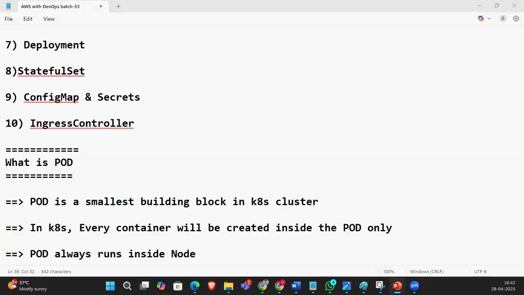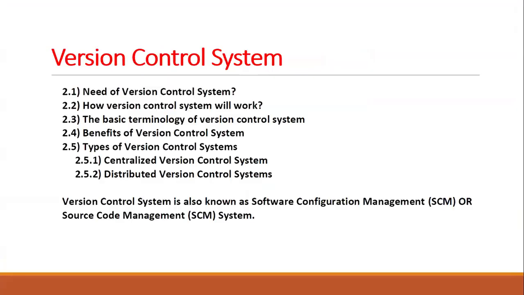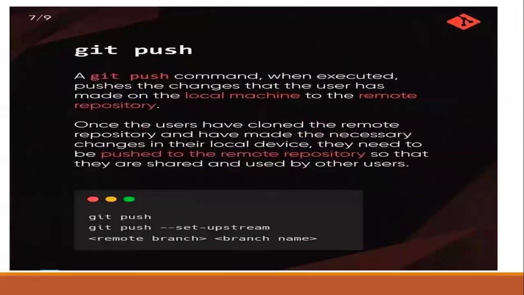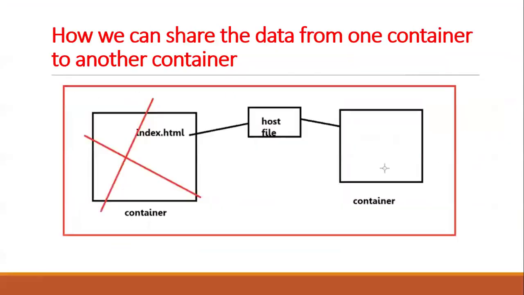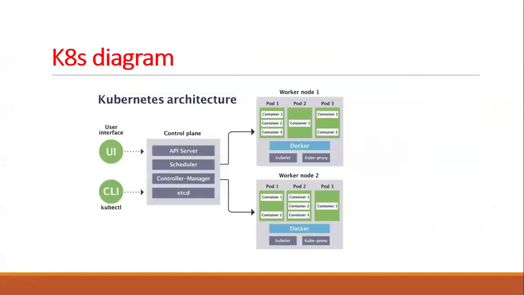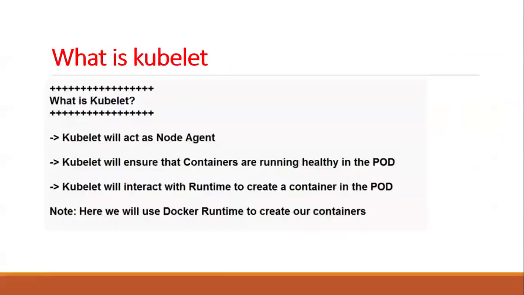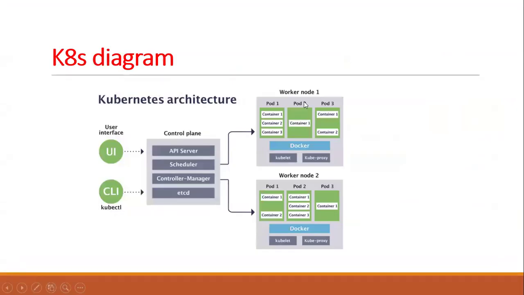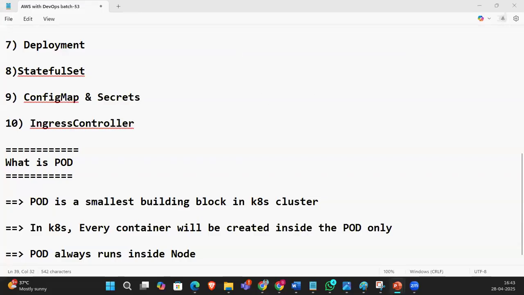Pod always runs inside the node. Where will the pod be created? Let me show a demo. You see, so the pod will run inside the node only. This is the node. In this node, a pod will be running, and inside the pod, a container will be created. Right, guys?